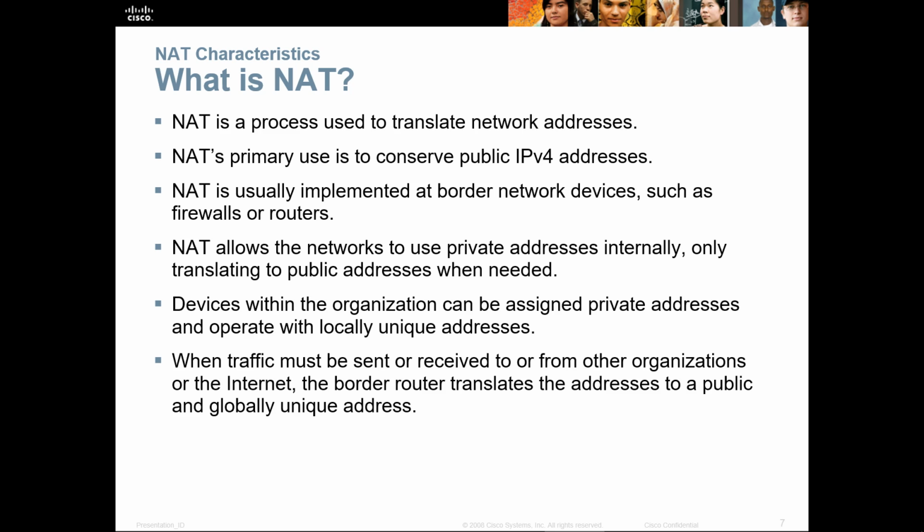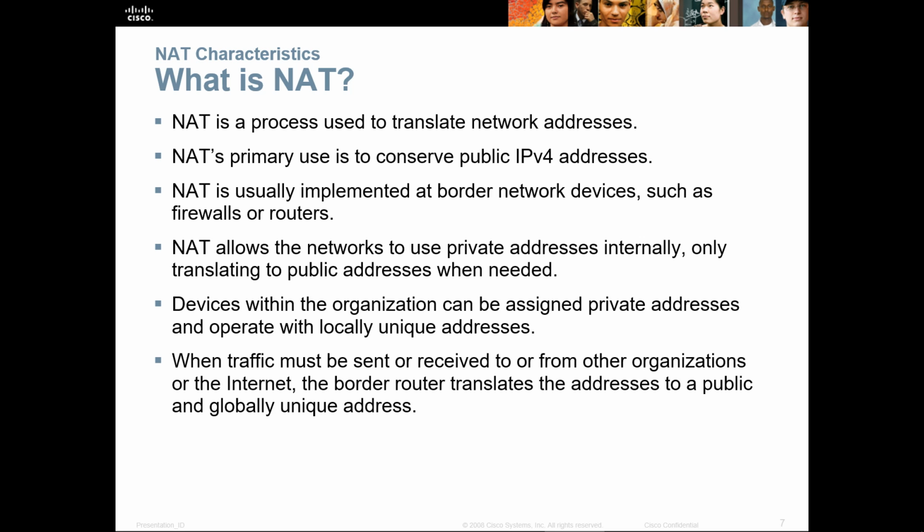So what is NAT? Again, NAT is the process used to translate between those private addresses and public addresses. NAT is primarily used to conserve public IPv4 addresses. NAT is usually implemented at a border device. You can NAT addresses, and you can actually take that pretty far.